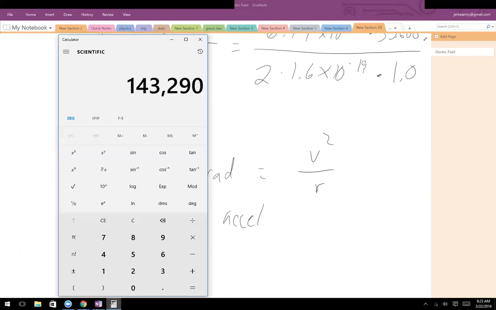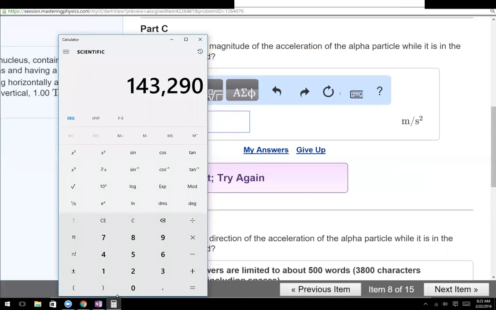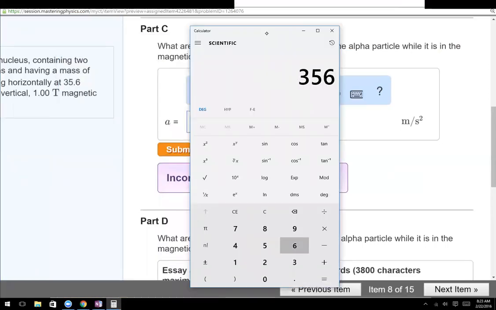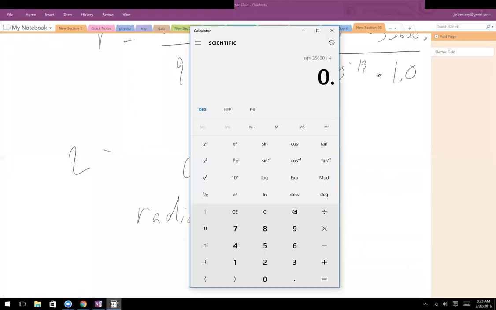So v they gave us, and we just got r in the last part. V was 35,600, so 35,600 squared divided by the radius. I didn't write it down, but the diameter was 1.43, so the radius is 0.0007 something.